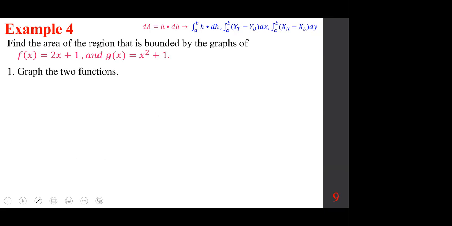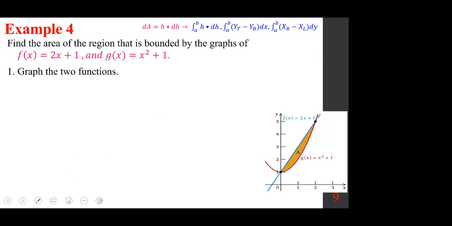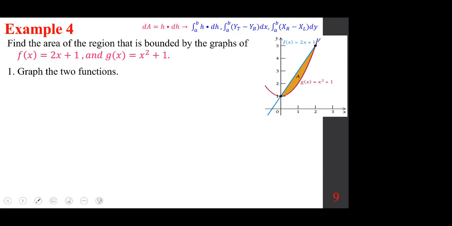So number one, graph. We are looking at two functions. One of them is a line, y equals 2x plus 1. One of them is a quadratic function, a parabola.